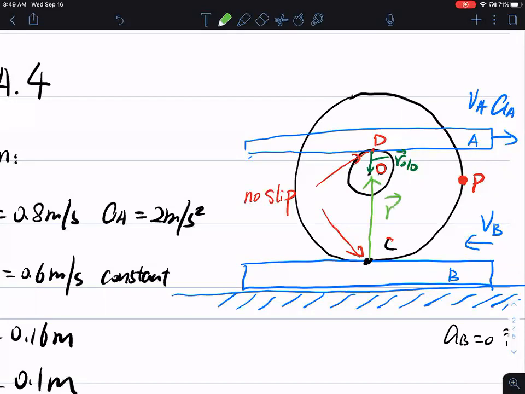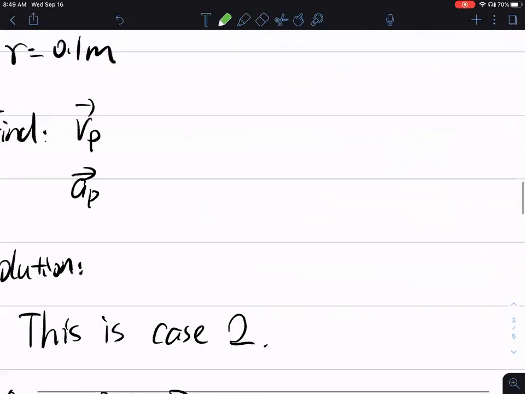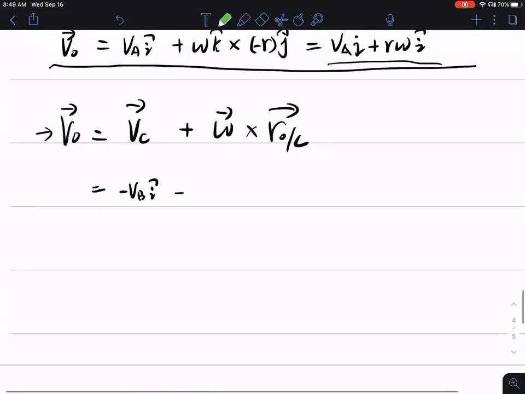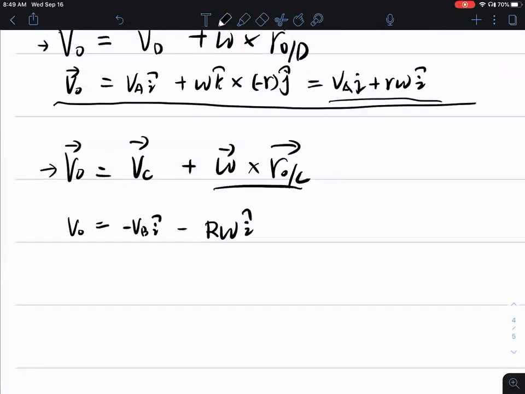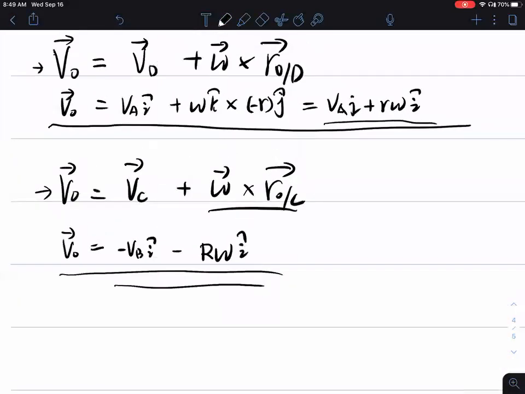That vector will give you a big R. So if you do the cross product here, we end up with big R omega I. This is VO. Let's call this equation 1 and equation 2.